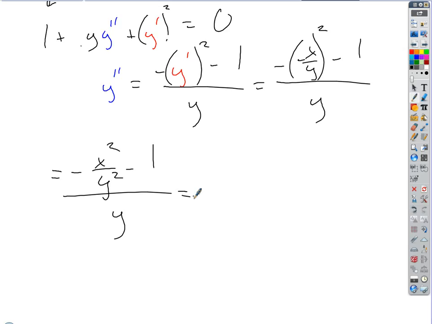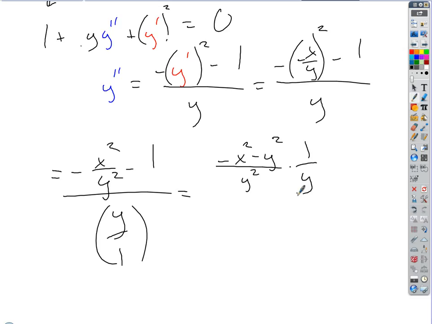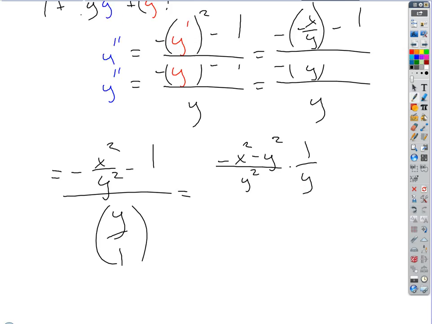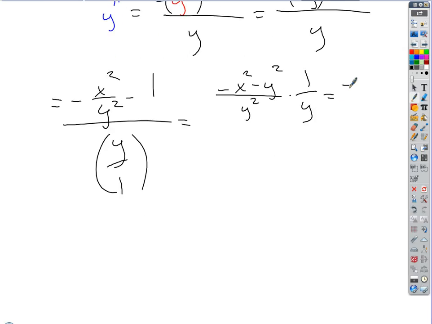That gives us negative x squared minus y squared over y squared, divided by y over one, which means times one over y. And so our answer is negative x squared minus y squared over y cubed. So that's y double prime in terms of x and y.